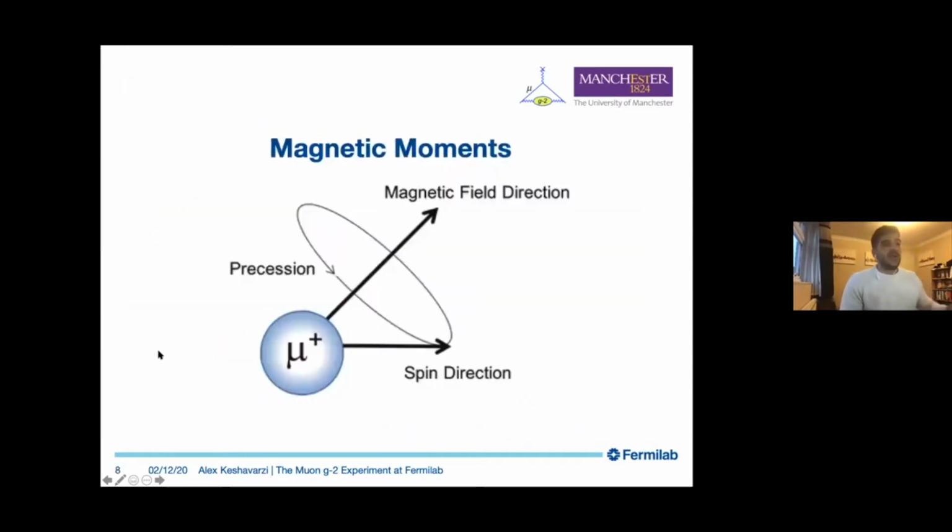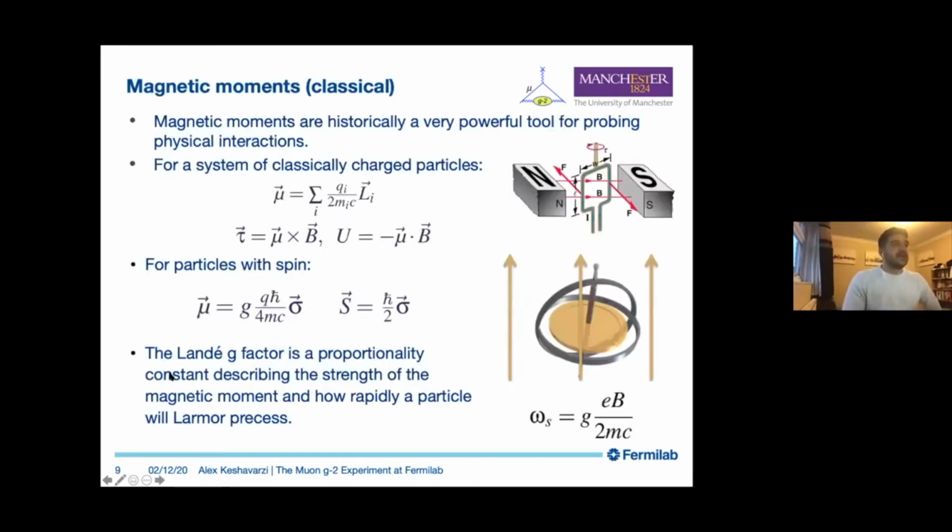So now let me come on to the basis of Muon g-2 and talk about magnetic moments, what we're measuring. In the classical explanation, magnetic moments have historically been used for the last century as a way to probe physical interactions.